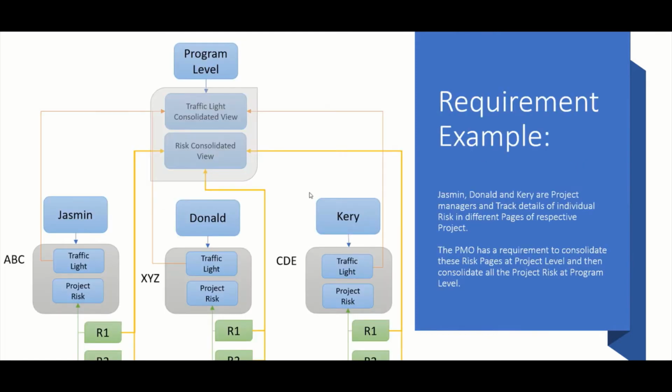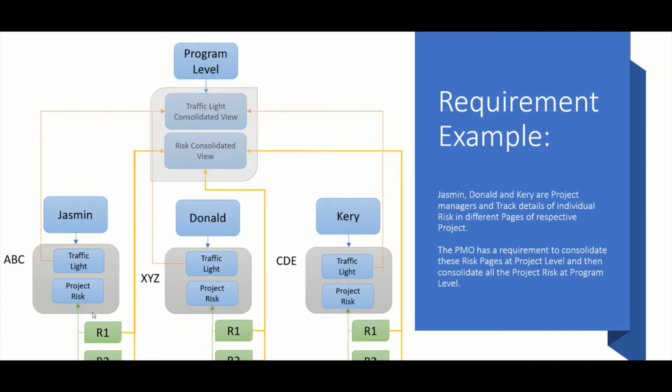Now, this scenario is very much in line with my previous two examples, so to maintain continuity I'm using the same example here as well. We have three project managers, Jasmine, Donald and Kerry. They are working on projects ABC, worked by Jasmine, XYZ, worked by Donald, and CDE, worked by Kerry.